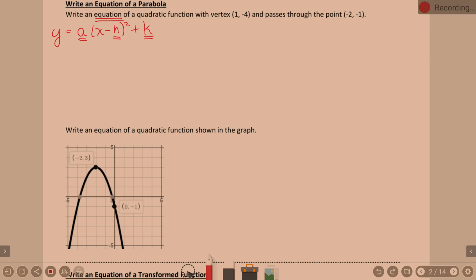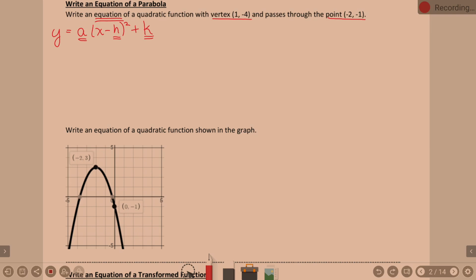Now, what do they tell us? They tell us that this graph has a vertex at (1, -4), and it passes through the point (-2, -1). Well, I would argue out of A, H, and K, 2 of them are very easy and staring right at me.